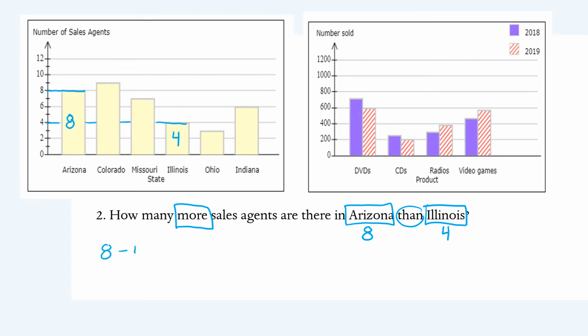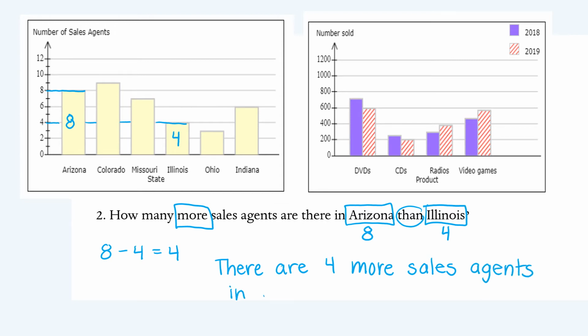So 8 minus 4 gives us 4. So there are 4 more sales agents in Arizona than in Illinois.